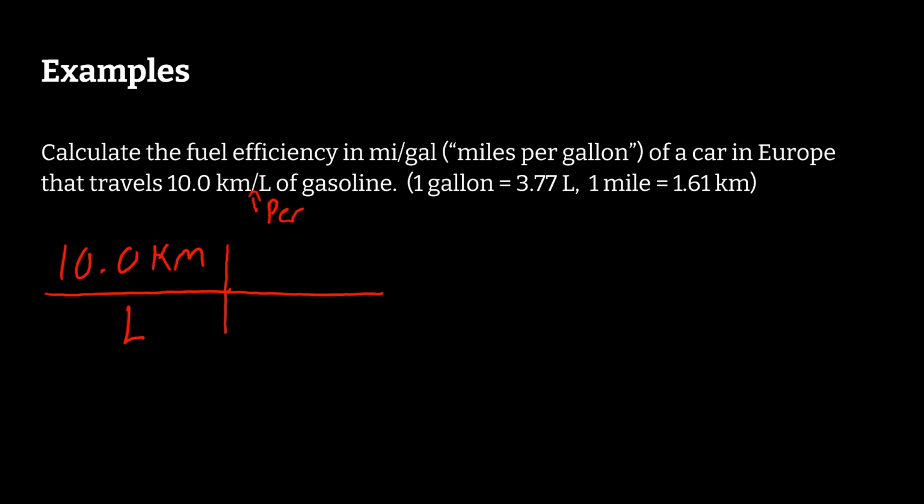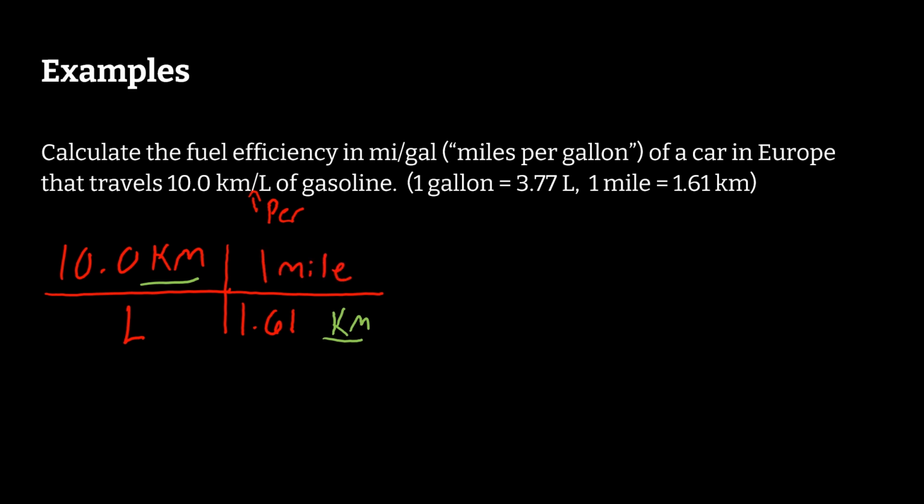And then from here, we're still using our conversion factor, but we're just going to take a look at one unit at a time. So we have kilometers on top. We need to have kilometers on the diagonal. From our conversion, it says that 1.61 kilometers will be equal to 1 mile.